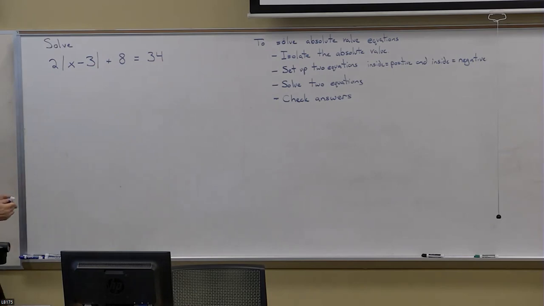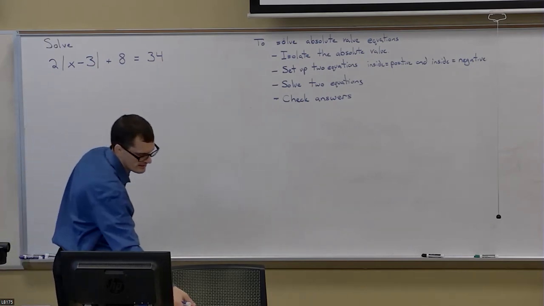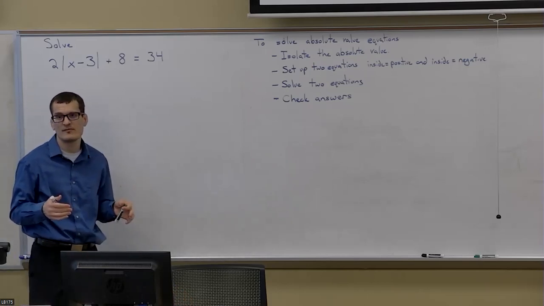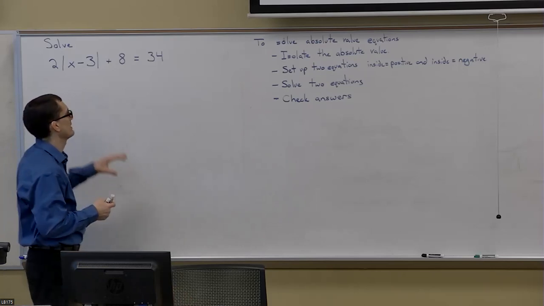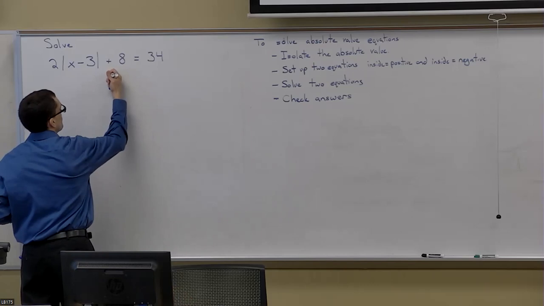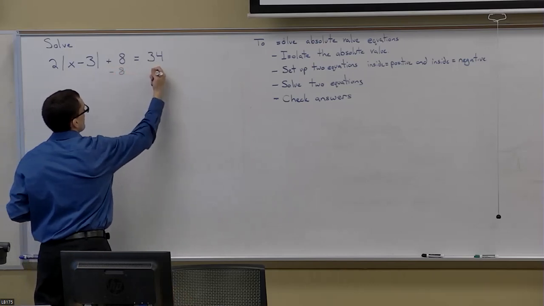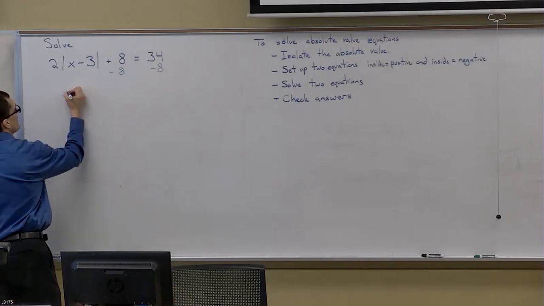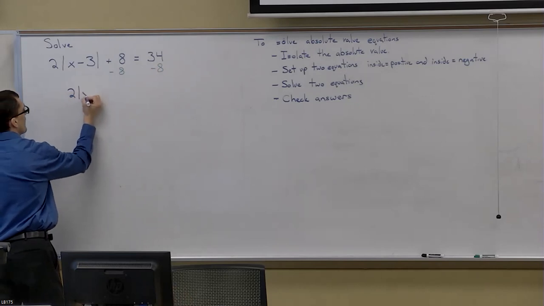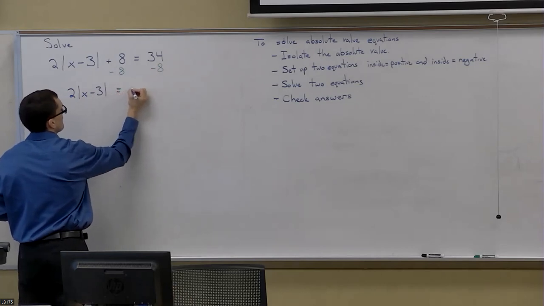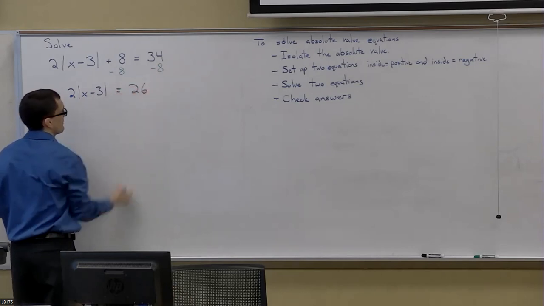This one we need to do a little bit of work to isolate before we split up our equations into 2. So make sure you get the absolute value by itself. The way you do that in this case is you subtract 8 from both sides. You get 2 times the absolute value of x minus 3 is equal to 26.